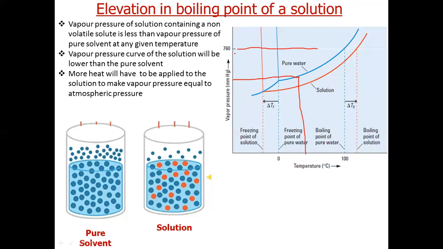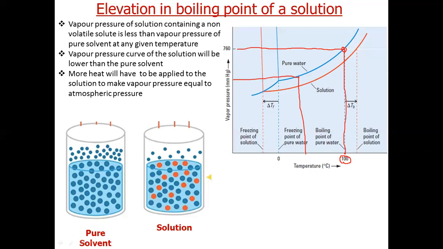It is less than atmospheric pressure. So as we keep on increasing the temperature of water, a particular temperature will reach when its vapor pressure will become equal to atmospheric pressure. That state is called boiling. So this temperature corresponds to the boiling point of pure solvent.